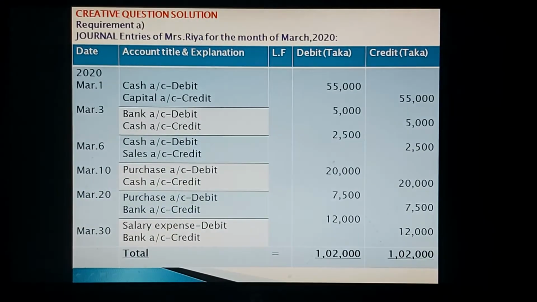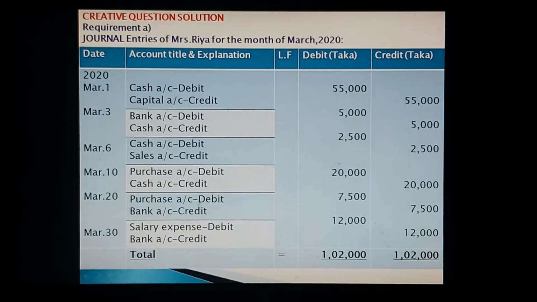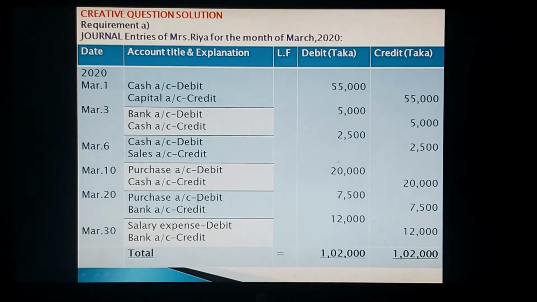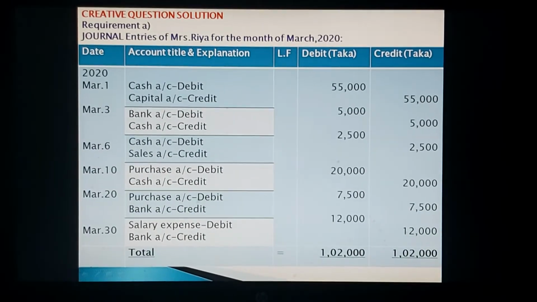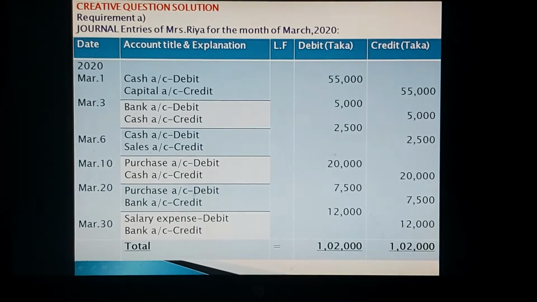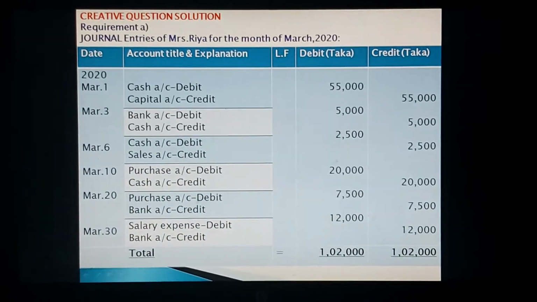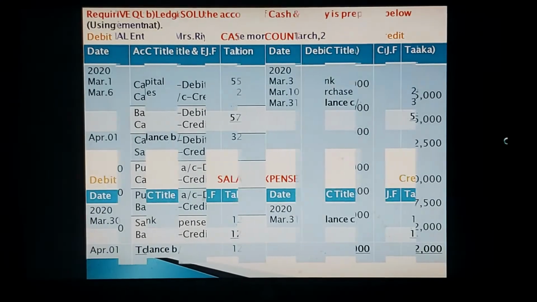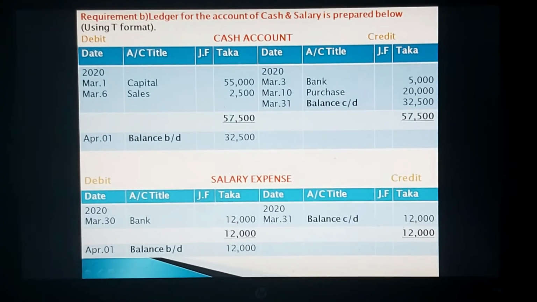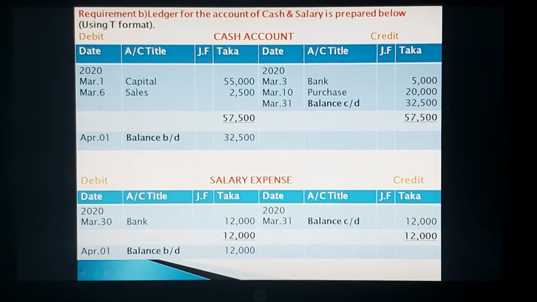Now you can go to the salary expense account in the debit side with March 30, and in the account title column, which account is to be written? You must write the opposite account. For salary expense, the opposite account is bank. So you can write in this way. In the debit side, 2020 March 30, bank account, totally taka 12,000.